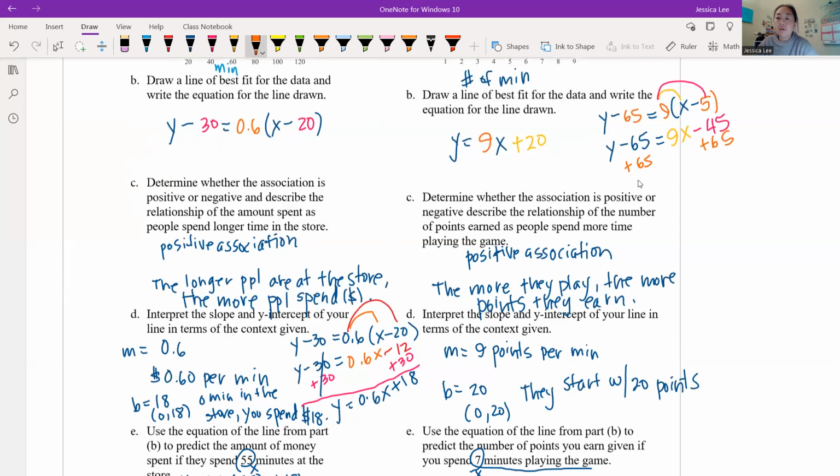Plus 65. And what do we get? It cancels out, so we just get y is equal to 9x, negative 45 plus 65 is going to be plus 20. See how it's the same thing? This is the same thing as that. That's what I'm telling you. Point-slope form and slope-intercept form represent the same line. They look different, but essentially they are the same. They just change the way it looks. Same thing. Right, have a good one. Enjoy. I'm going to pause this.